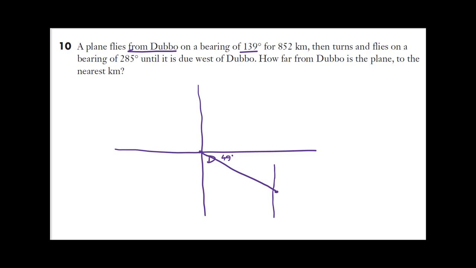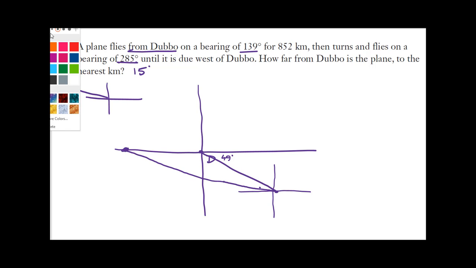If that's 49, now 285 is 15 degrees just above west, and if that's our west line, it's going to have to be down here. It then turns and flies on a bearing of 285 until it is due west of Dubbo. Okay, so here's Dubbo, and it's going to have to keep flying until it's way over here.